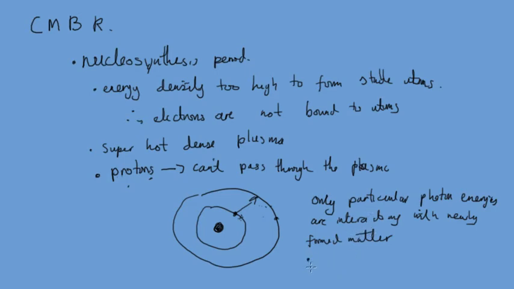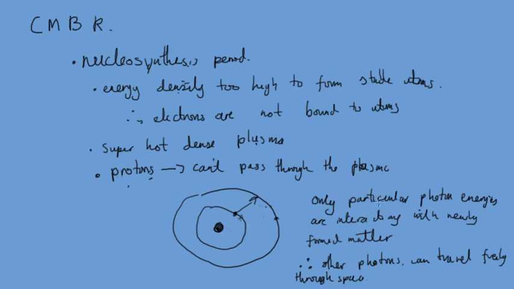But that therefore means other photons can travel freely through space. So before, at this nucleosynthesis period, when you've got this highly dense plasma, any free photons are getting captured, and they're banging into stuff, and they're just not able to move.